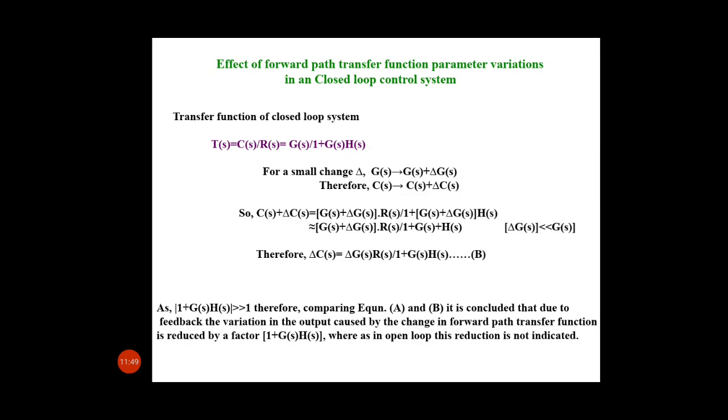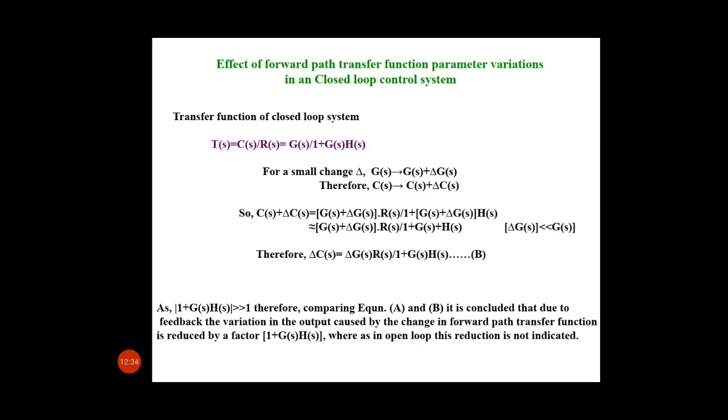Now if we consider a slight change, say delta G(s), in the forward path transfer function G(s), it changes to G(s) plus delta G(s), and let the corresponding change in the output be delta C(s). So the new output of the system is C(s) plus delta C(s) equal to (G(s) plus delta G(s)) divided by (1 plus (G(s) plus delta G(s)) into H(s)), multiplied by R(s).